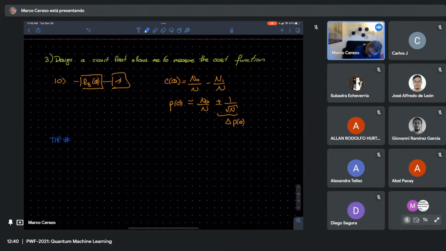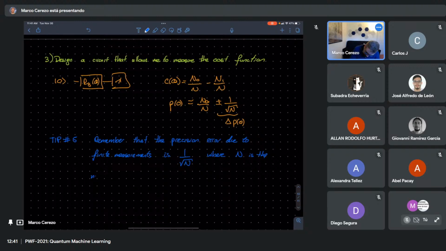Tip number 5. Remember again that the only way that we can extract information out of a quantum computer is through measurements. Remember that the precision error due to finite measurements is 1 over square root of N, where N is the number of measurement shots.